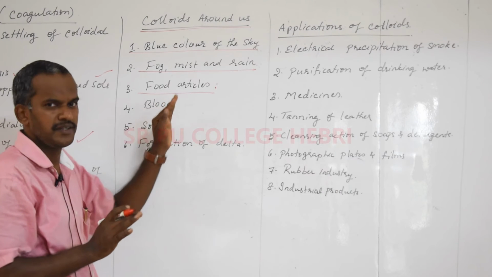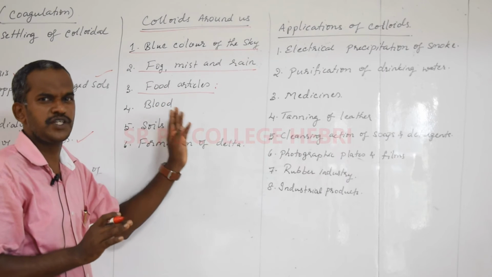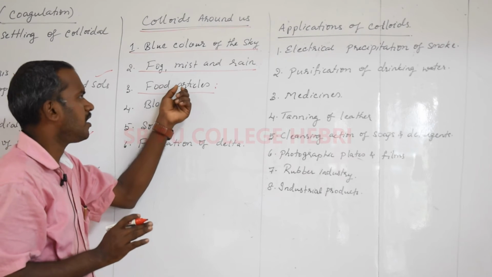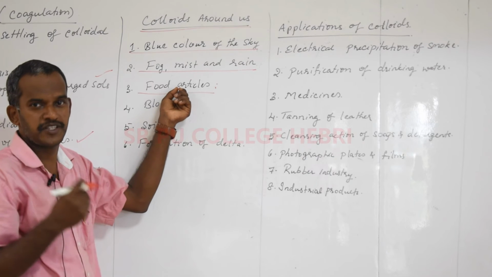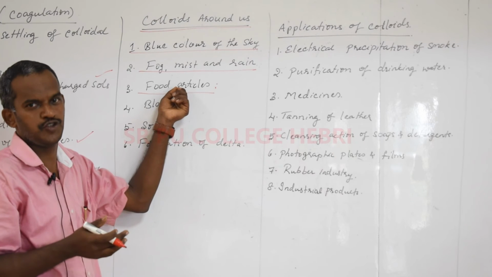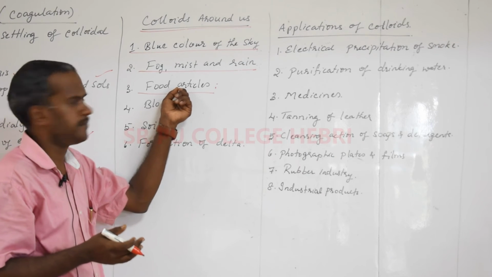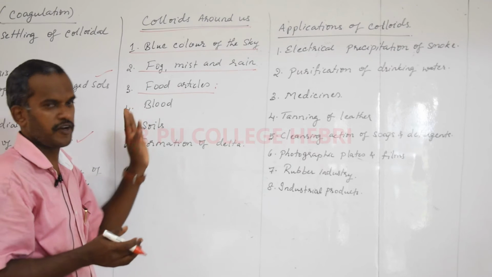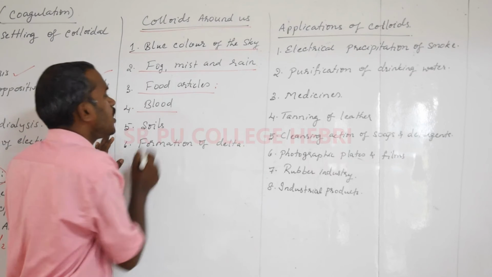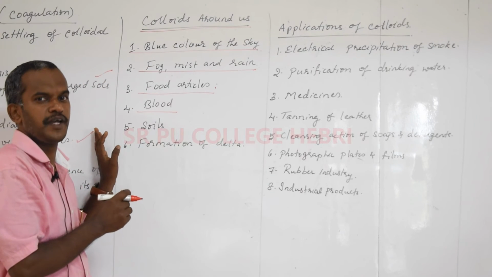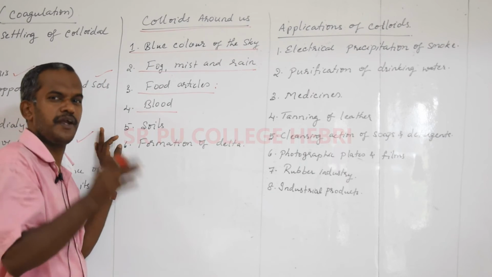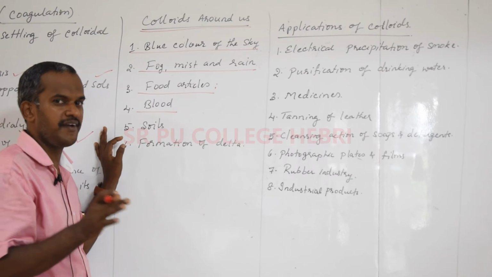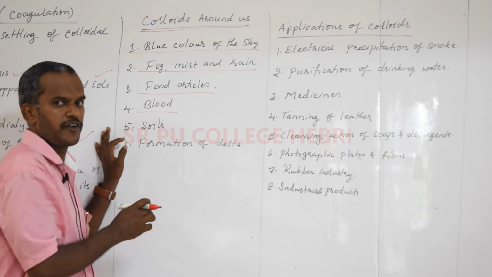Not only ice cream, the milk, but many such examples you can give. Even, as I told you just now in the precipitation, fruit juices are also examples of colloids. So that is easy, you will never forget that. Blood is also an example of a colloid, remember. It may have the hemoglobin and other components, but we are not going into those details. Blood is also an example of a colloid.